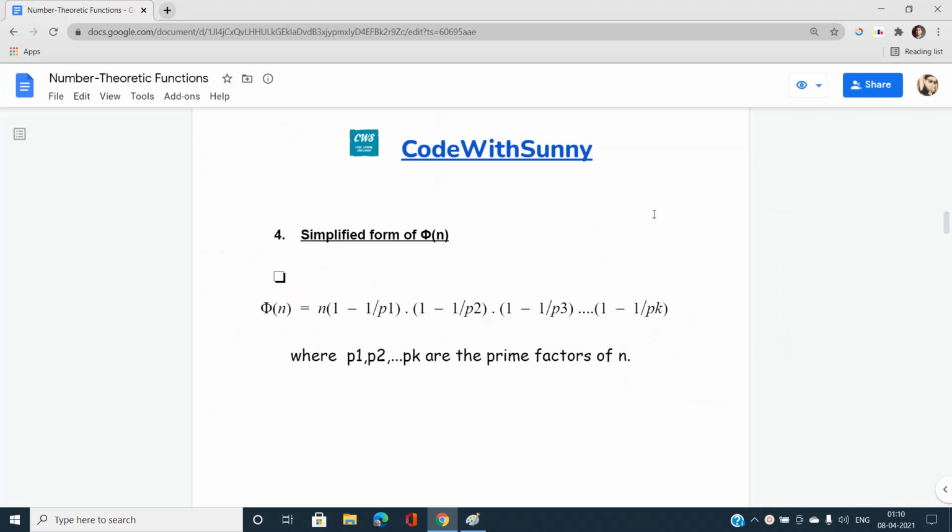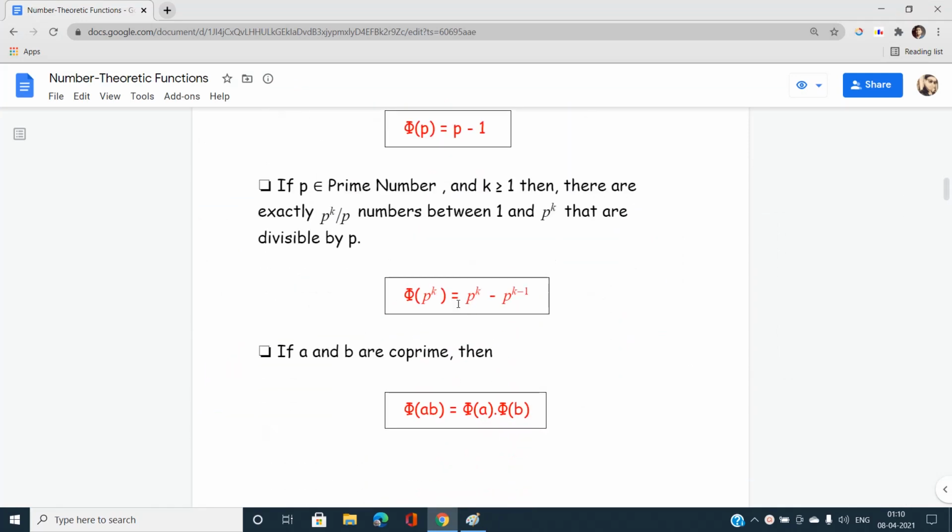If you have forgotten it for now, phi of p power k can be written as p power k minus p power k minus 1, where p is a prime number.